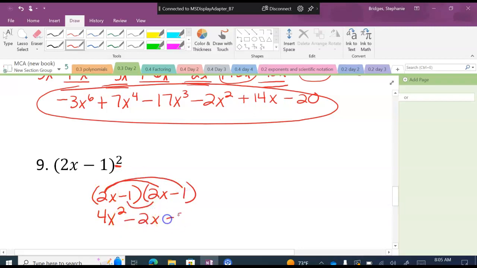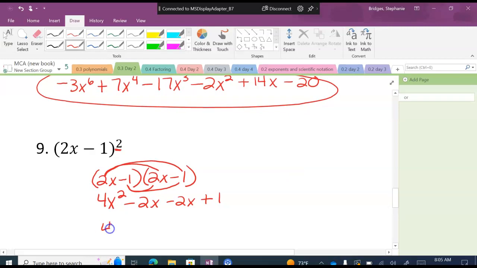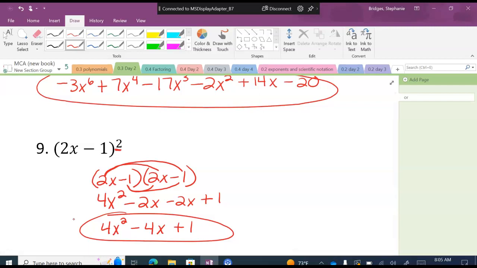Negative 1 times 2x is another negative 2x. And negative 1 times negative 1 is a positive 1. And then I'm just going to combine my like terms. And we should get 4x squared minus 4x plus 1. Anybody have any questions?